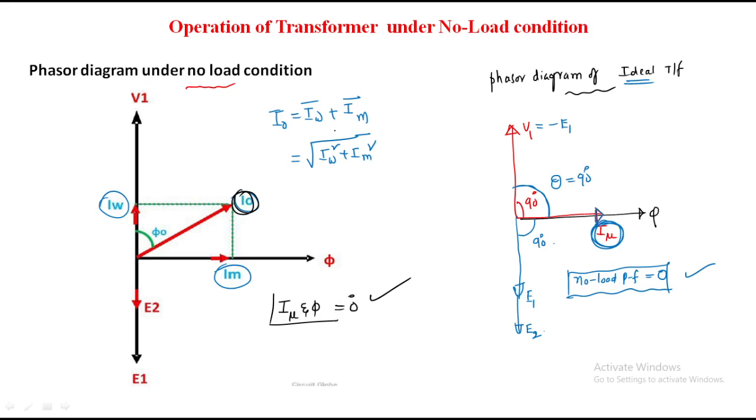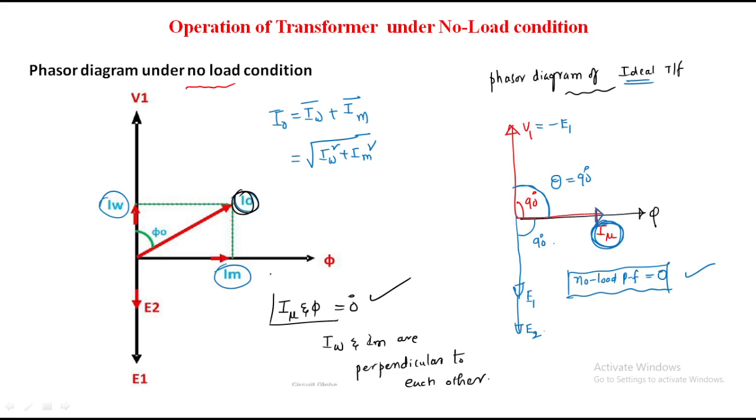We all know this IW and IM are perpendicular to each other. This IM is in quadrature with V1, that is 90 degrees.